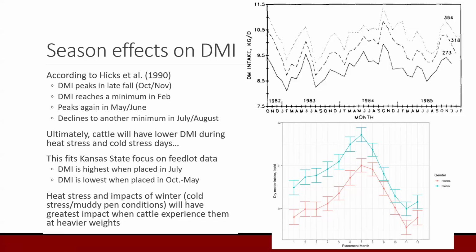Hotter weather, they're going to come off feed and not eat as much because they want to decrease the amount of heat from fermentation, so they can help maintain their body temperatures. Dry matter intake reaches a minimum in February, then peaks again in May and June. We saw this in the Hicks paper, but we're also seeing something very similar based off placement month from that Kansas State Focus on Feedlot report.